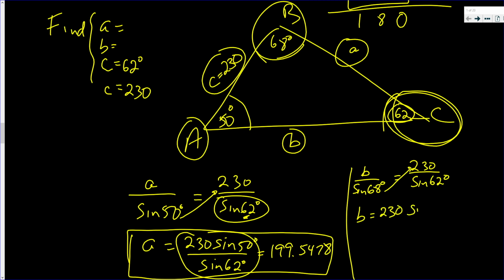B is 230 times the sine of 68 degrees divided by the sine of 62 degrees, and this turns out to be 241.5232. Okay, so we found A, we found B, and big C and little c we found, which is excellent.